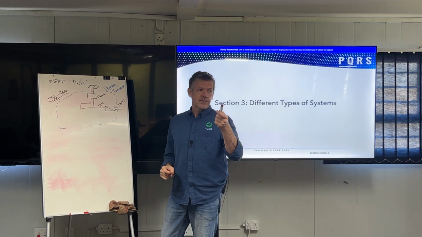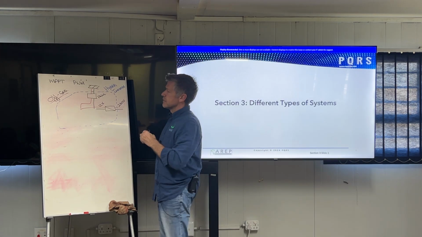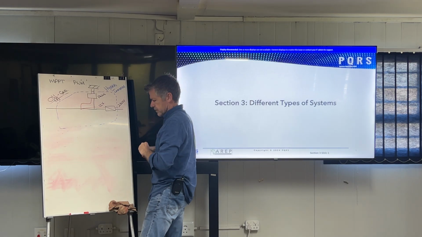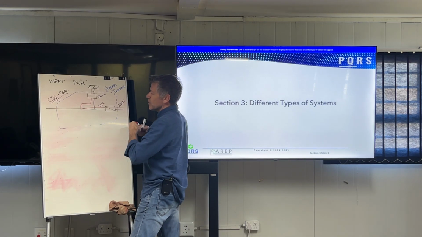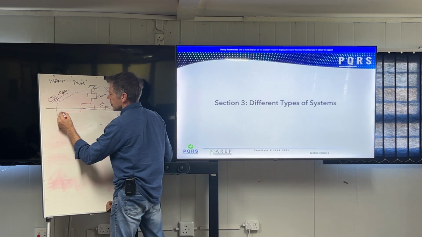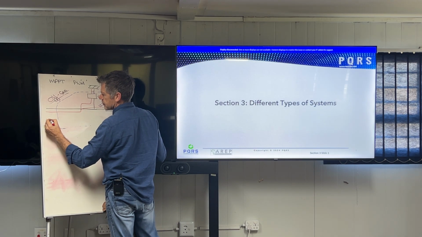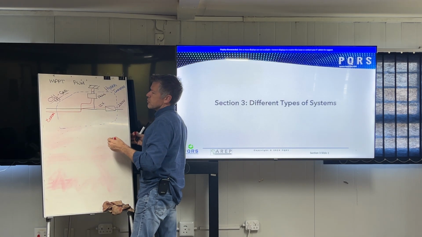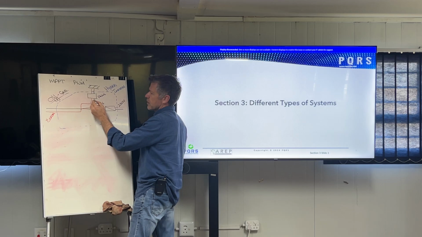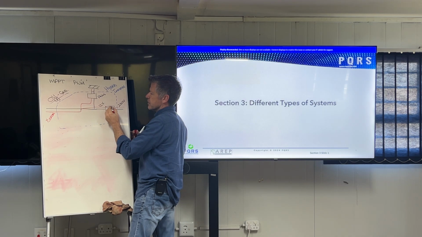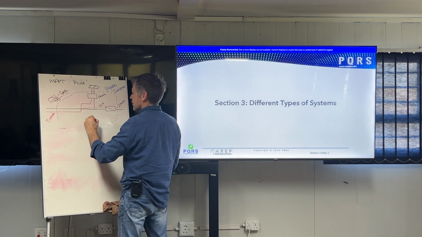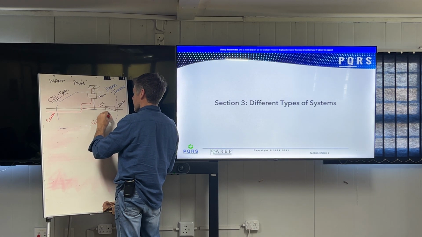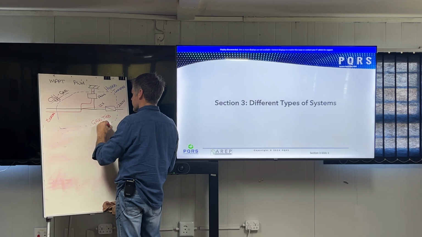Which one is this one? So this one you can only really do when you have a grid available. So you have the Eskom supply, you have the solar, and you have the inverter, and this system is called a grid tied system.